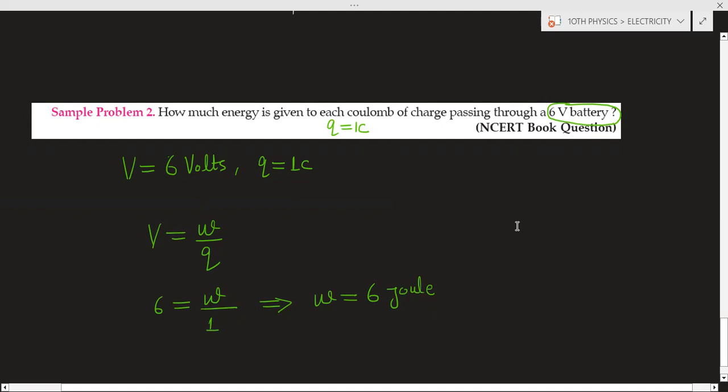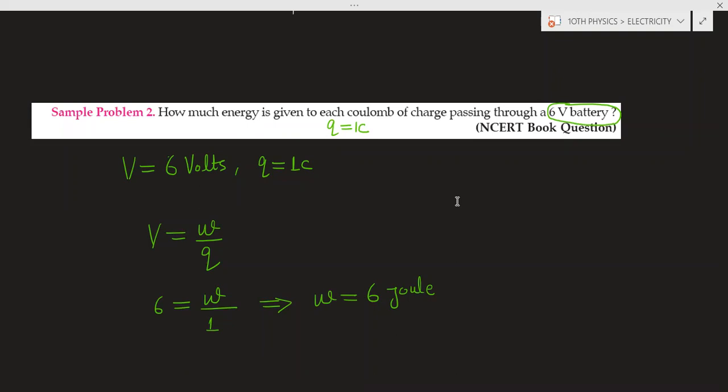passing through that battery. So basically, for passing the charge through the battery, you have to supply the electrical energy to the battery. Then only there will be the flow of the charge. While you are supplying the electrical energy to the battery, you are doing the work.